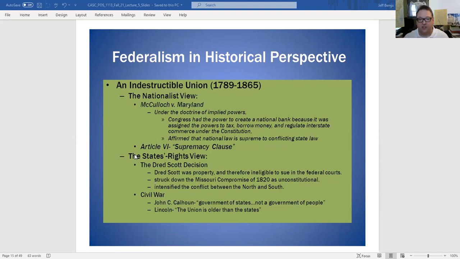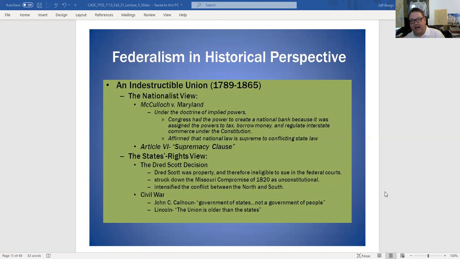The Dred Scott decision. The Dred Scott decision of 1857. Dred Scott was a runaway slave. He had escaped from his master and made it to a northern state, which was giving him asylum.